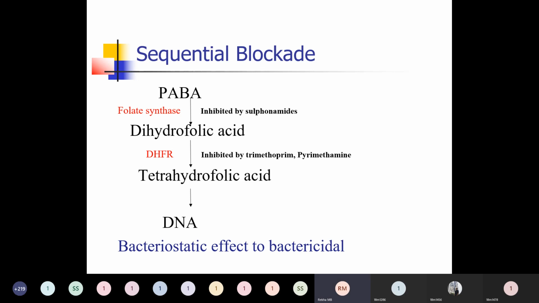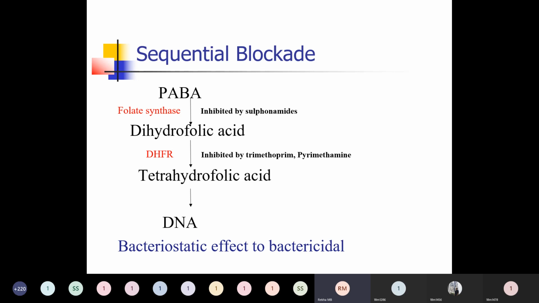Now this flowchart will explain the sequential blockade caused by cotrimoxazole. As I have told you, the main precursor for folic acid synthesis is para-aminobenzoic acid. Para-aminobenzoic acid gets converted to dihydrofolic acid with the help of folate synthase enzyme. This first step is inhibited by sulfonamide. Dihydrofolic acid gets converted to tetrahydrofolic acid with the help of dihydrofolate reductase enzyme. This enzyme is inhibited by trimethoprim and pyrimethamine.